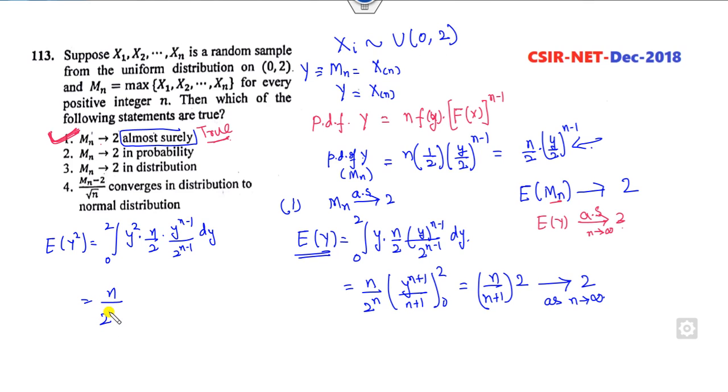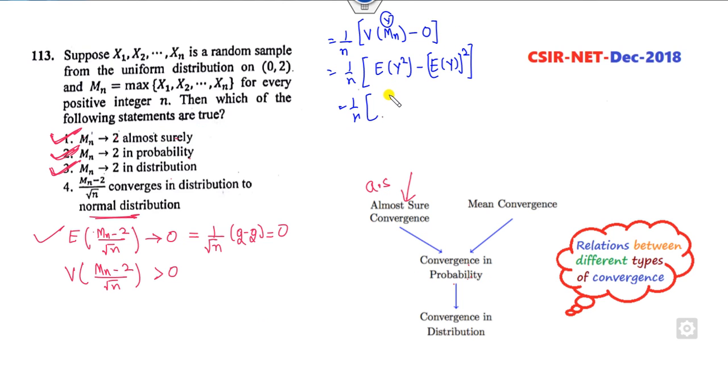So n over 2 raised to power n is outside, it is y to the n plus 1, so n plus 2 over n plus 2. The 2 raised to power n cancels, and it is 4n over n plus 2.